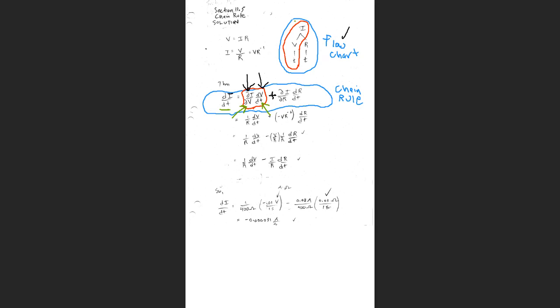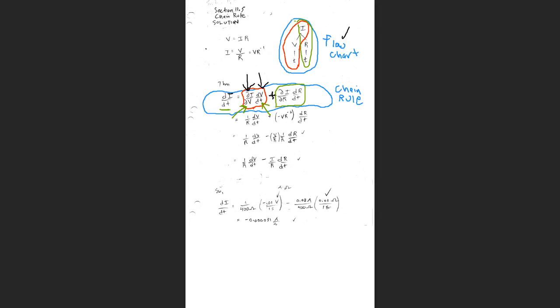Now the other path is this path here. Current is a function of resistance, and then resistance is a function of time.